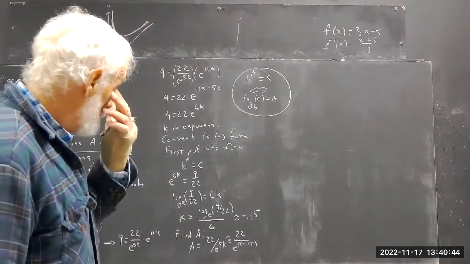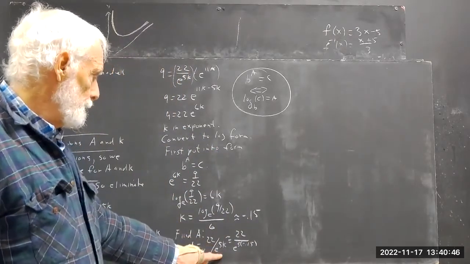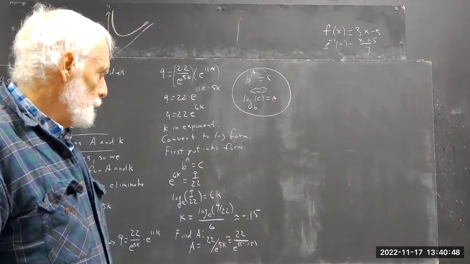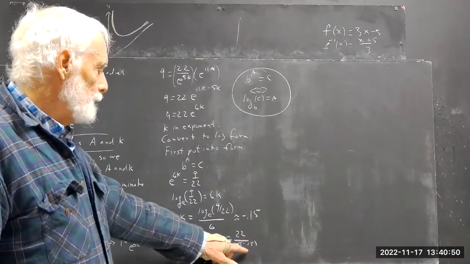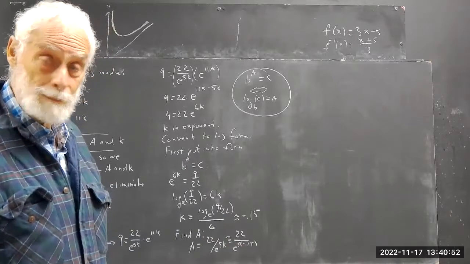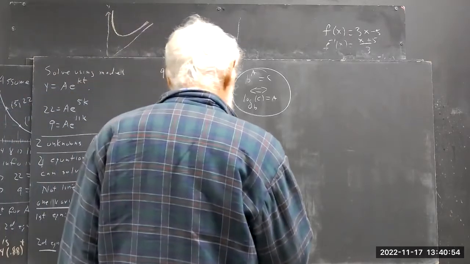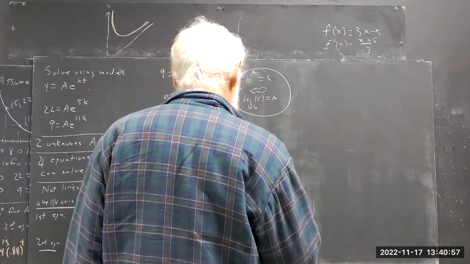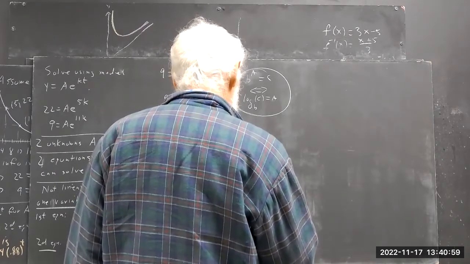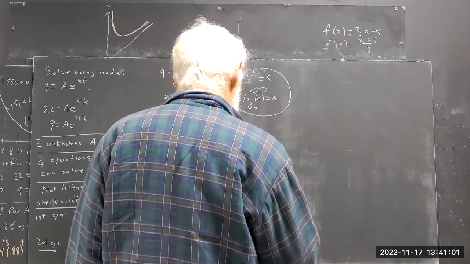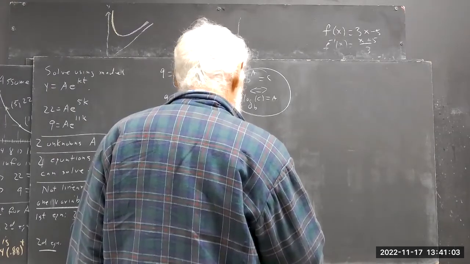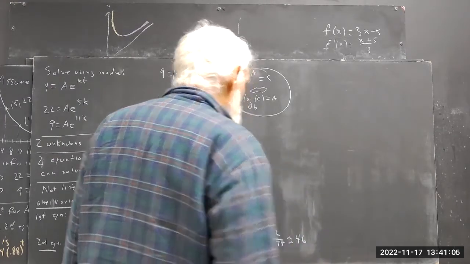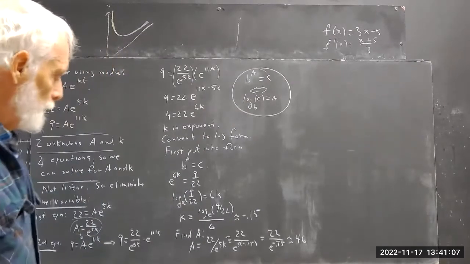Okay, well, e to the 5k, k is negative 0.15, so it's e to the 5 times negative 0.15. That's approximately equal to 46.